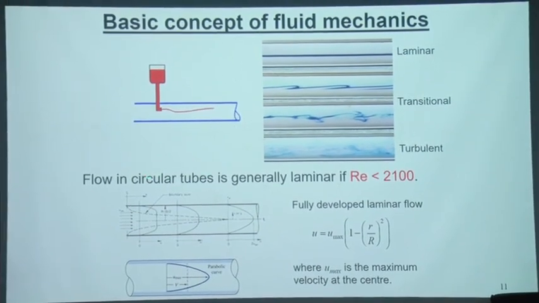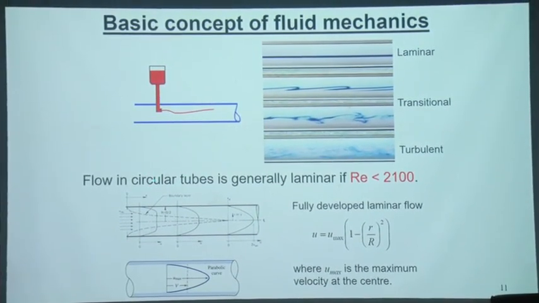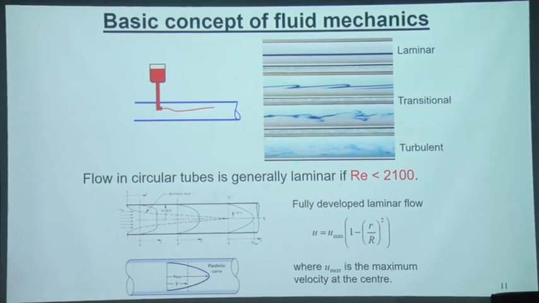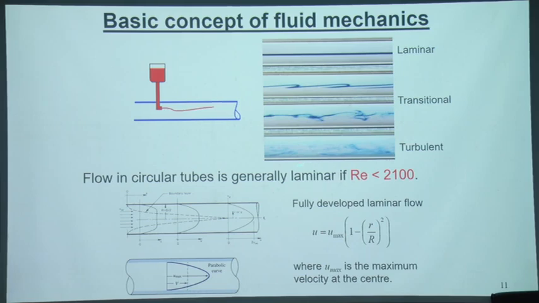So typically, for steady flow of a Newtonian fluid in a circular tube, if the Reynolds number is less than 2,100, then the flow is generally regarded as laminar. And we know that for laminar flow, there is a theoretical solution. If the flow is fully developed, then the velocity profile is parabolic, and that is given by this equation.